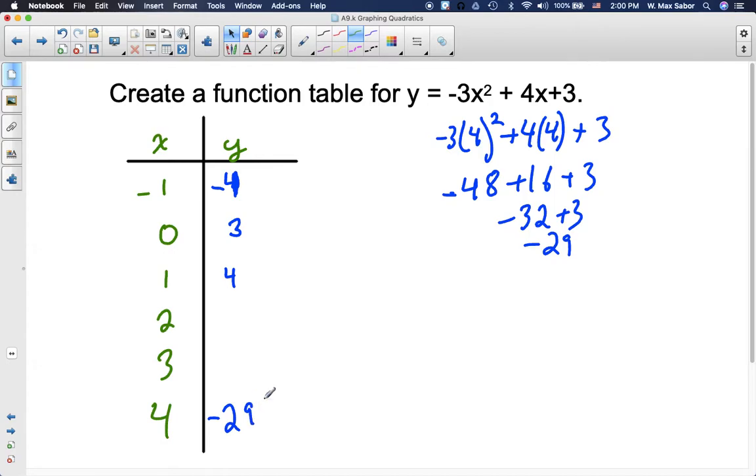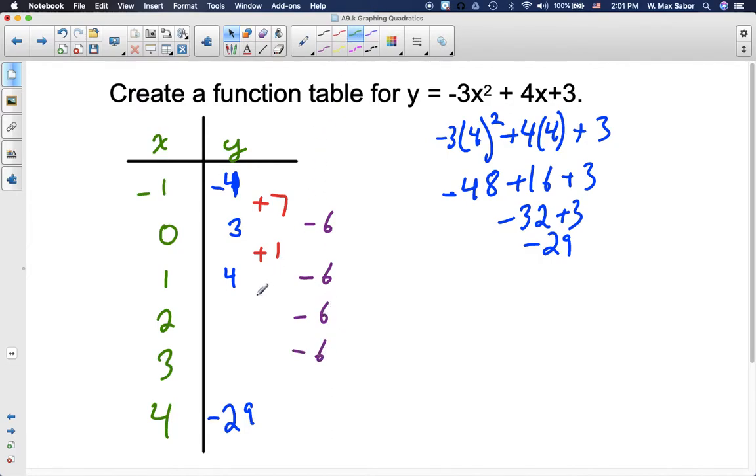Now, there's another way we can find this. We added 7, and then we added 1. So going from adding 7 to adding 1 means the second difference is going to be subtracting 6. So the slopes are going to be going down by 6.